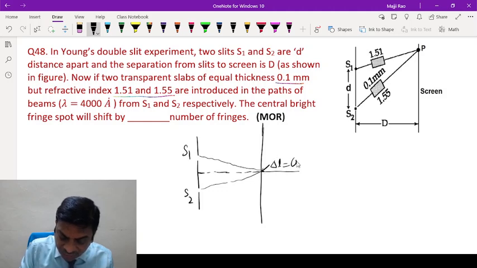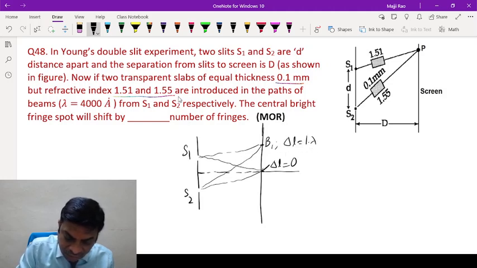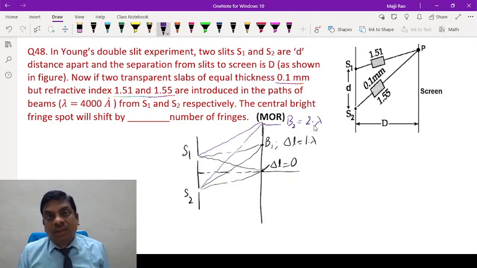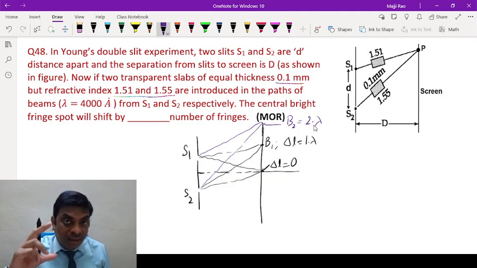At the position of the first bright fringe, the path difference is 1 lambda. Similarly, at the position of the second bright fringe, the path difference between the interfering waves is 2 lambda, and so on. That is, corresponding to every path difference of 1 lambda, there exists one fringe.